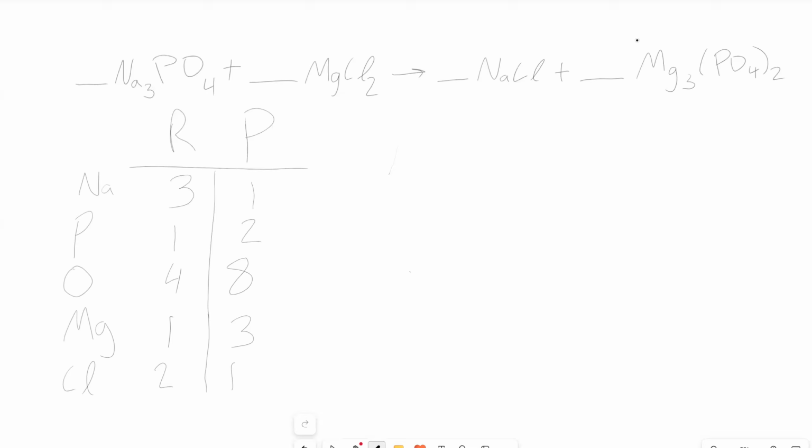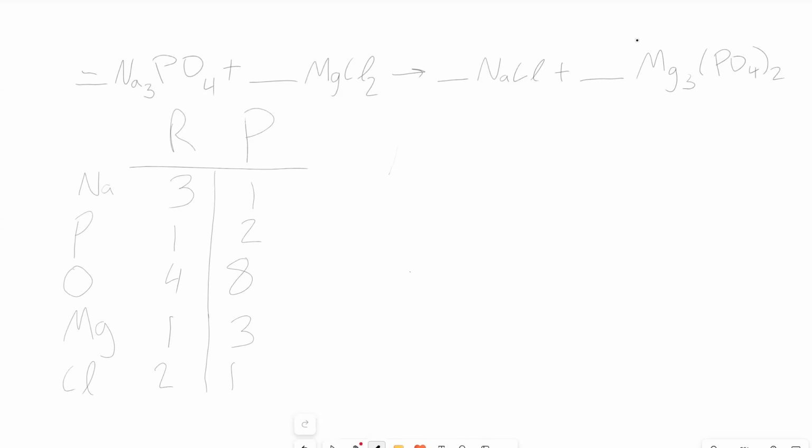And you notice the same thing with this phosphorus atom: 1 on the reactant side, 2 on the product side, it doubles. So, keeping that in mind, how should we approach this? We should add 2 to the reactant side, double it.